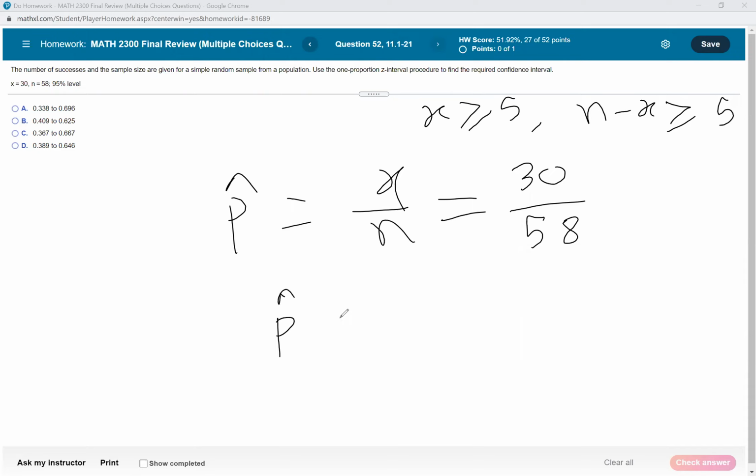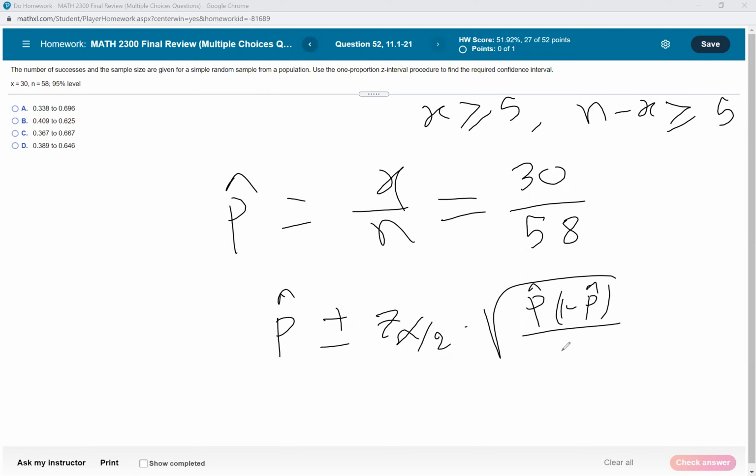So now the confidence interval is p hat plus or minus Z alpha over 2 times the square root of p hat times 1 minus p hat over n. You need to use this formula to find the confidence interval. Where p hat is 30 over 58, which is 0.5172, and the sample size is 58.